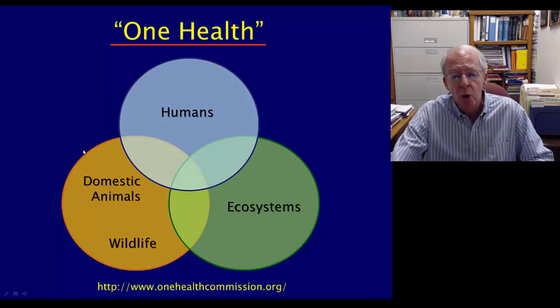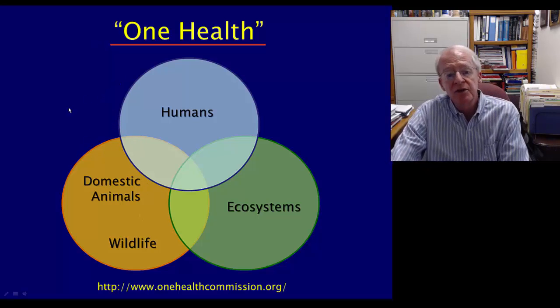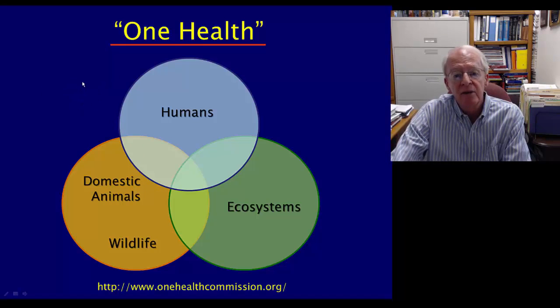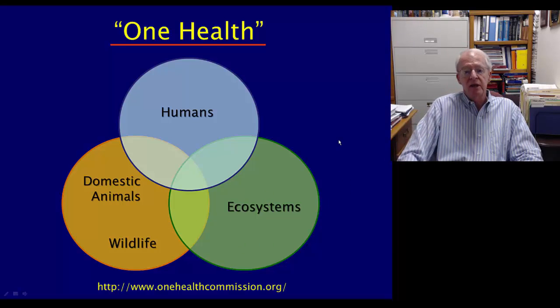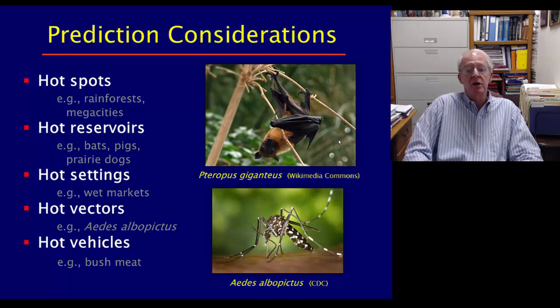And this is important in that it stresses the importance of the interfaces between humans, animals, both domestic animals and wildlife, and environments or ecosystems. It's at these interfaces that we encounter much of the infectious disease emergence and reemergence experienced over the last 20 to 25 years.